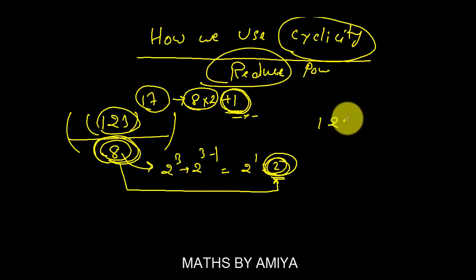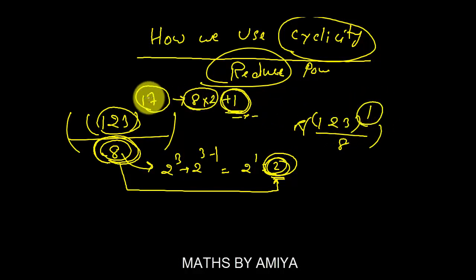We can say 123 raised to power 1 divided by 8 should be the remainder. The extra works everywhere. And this extra is nothing but the remainder when the power is divided by cyclicity. So 123 divided by 8, the remainder is 3. So 123 raised to power 17 divided by 8, the remainder should be 3. I hope it is clear.